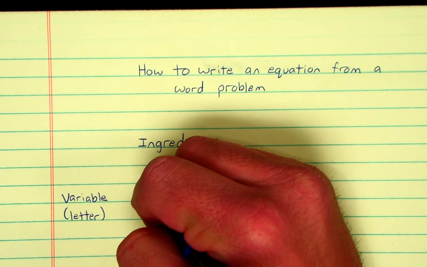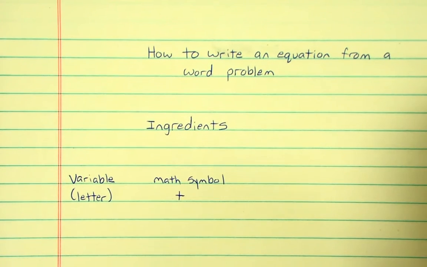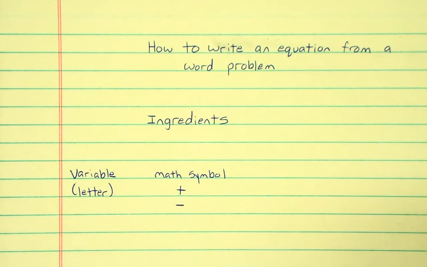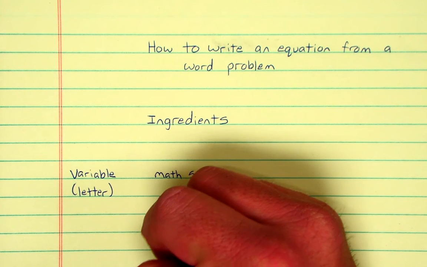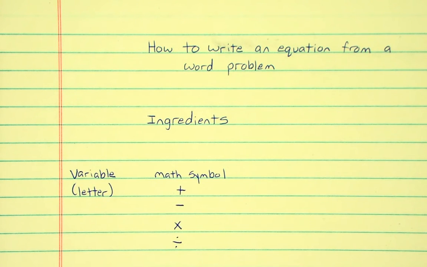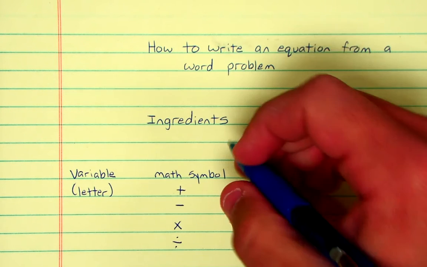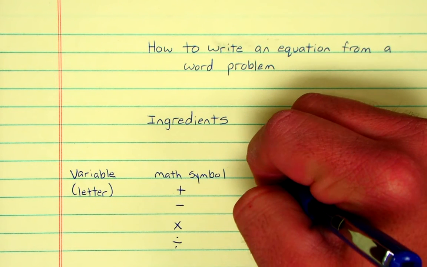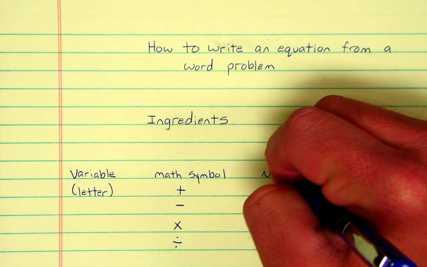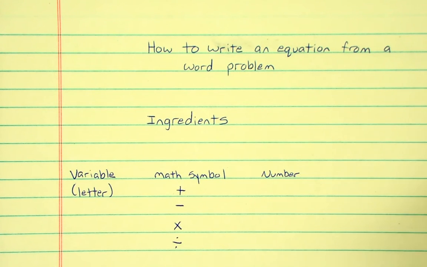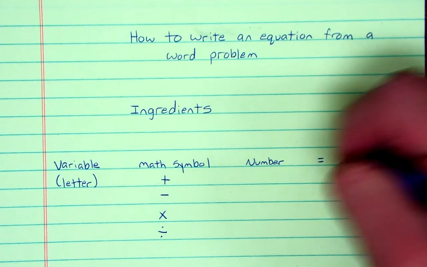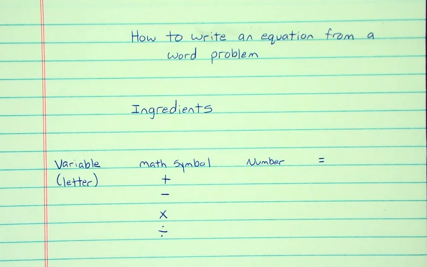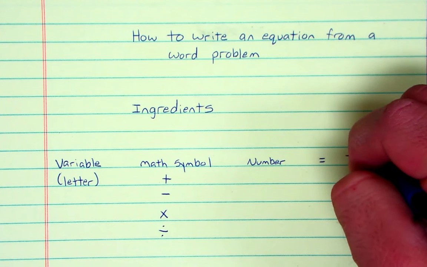You have your addition, your subtraction, your multiplication, and your division. The next thing you're going to have is just a number, a constant. And the last two ingredients are an equal sign, and then finally a total, which is a number.